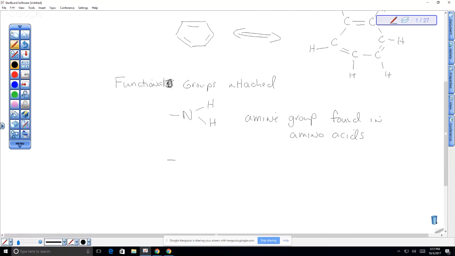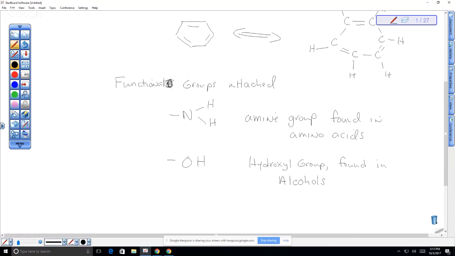Okay. We could also have an OH group, and that's called a hydroxyl group. And this is found in alcohols. So alcohols like ethanol would have an OH group on it. And so what tends to happen is it loses this hydrogen and then becomes a polar molecule and then interacts. So that's a hydroxyl group.